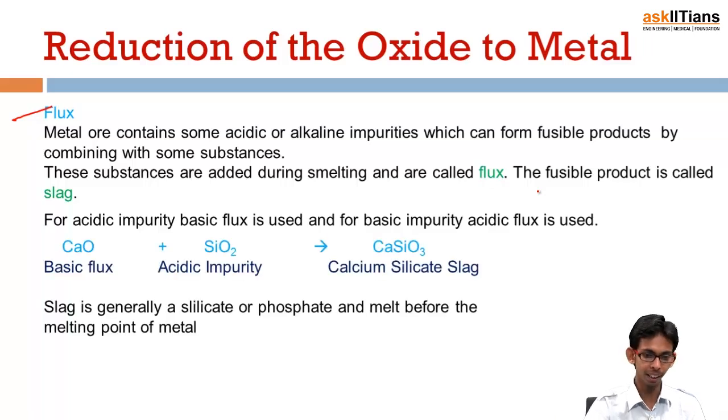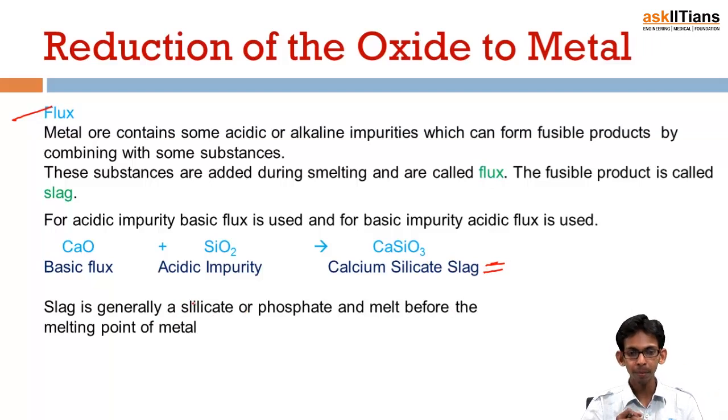An example is here: calcium oxide is a basic flux which is added if the ore contains silicon oxide, which is acidic. These two combine to form calcium silicate slag, which is fusible. Slag is generally a silicate or phosphate and melts before the melting point of the metal.